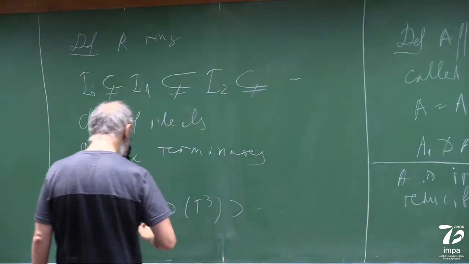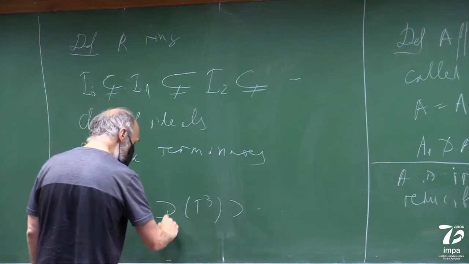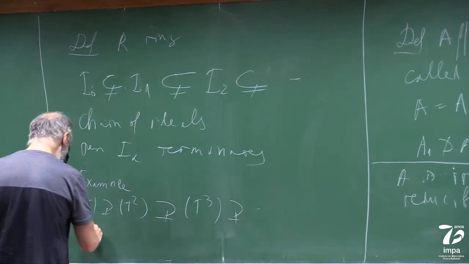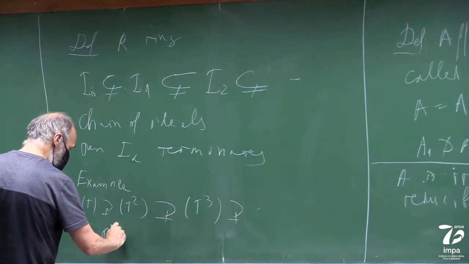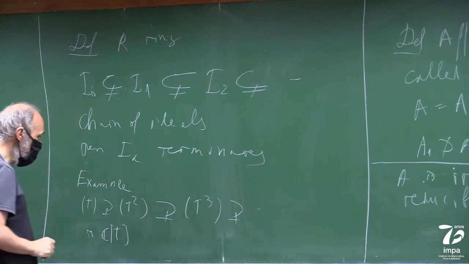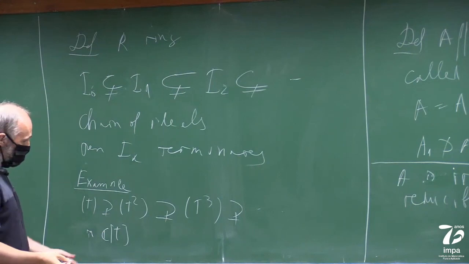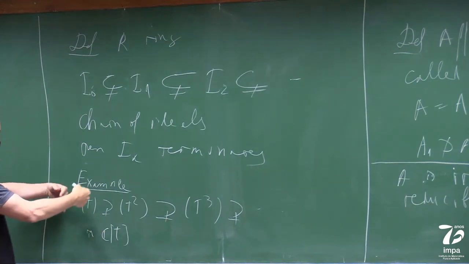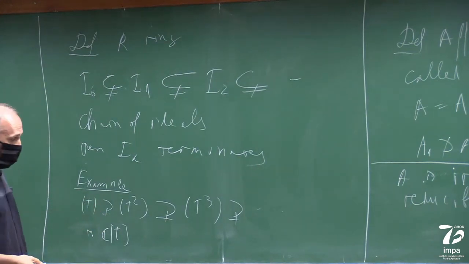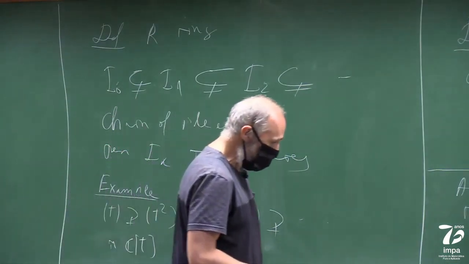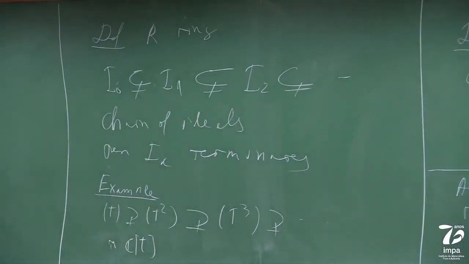This is a strictly descending chain of ideals in, say, polynomials of one variable. But if you try to take an increasing chain of ideals, this won't work. You can check it right now as a good exercise. Another exercise, check the Noetherian condition for Z.